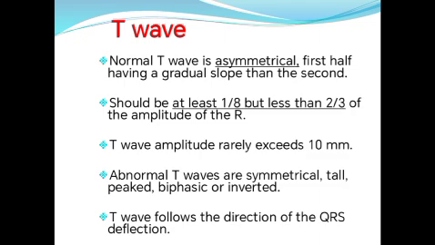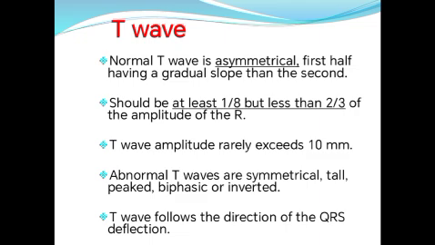The T wave follows the direction of the QRS deflection. If it is positive, it will be positive; if negative, it will be negative, usually. Abnormal T waves are usually symmetrical and tall and peaked, biphasic, or inverted.